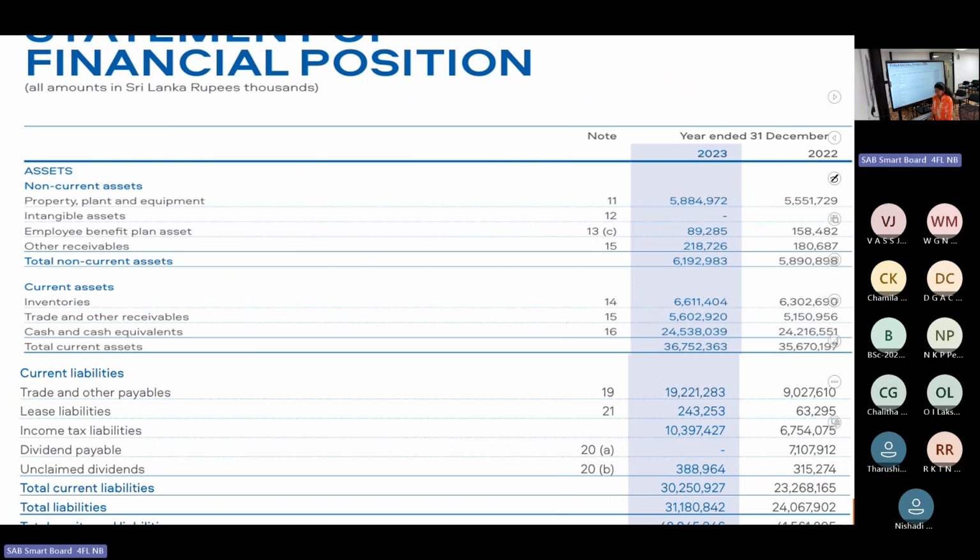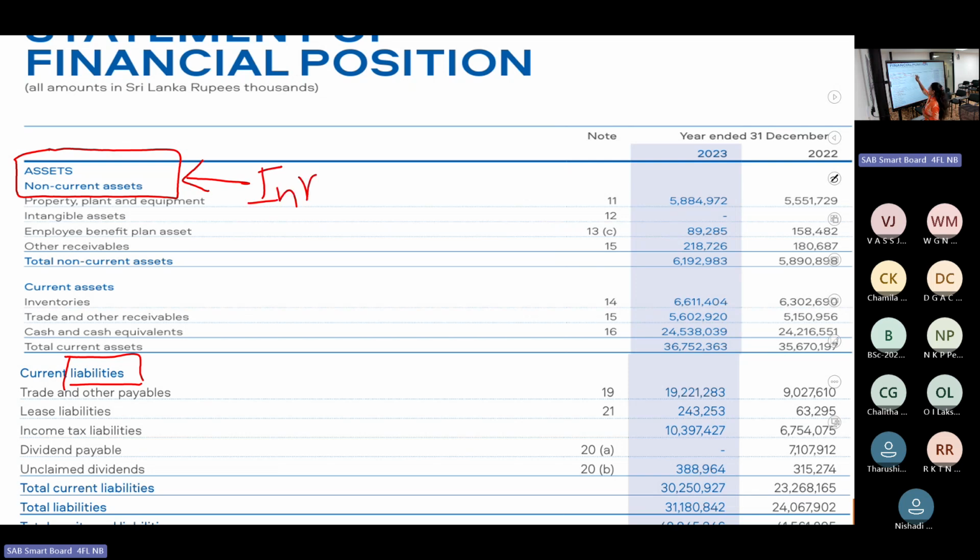Before moving to the lesson today, I will just explain with the statement of financial position where we are right now. You all know that in the statement of financial position there are 3 elements: liabilities, assets and equity. Normally, decisions relevant to assets are taken by the investment decision.